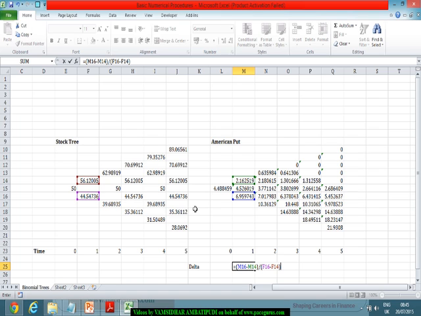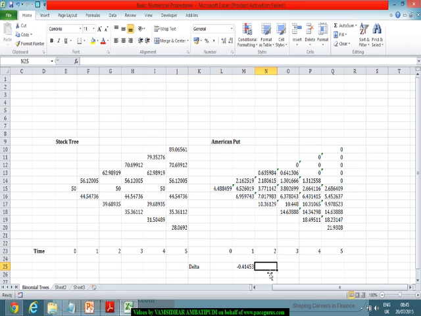When the stock price is 56.44, the put option value is 2.16. When the stock price is 44.54, the put option value is 6.95. So the delta is minus 0.41.